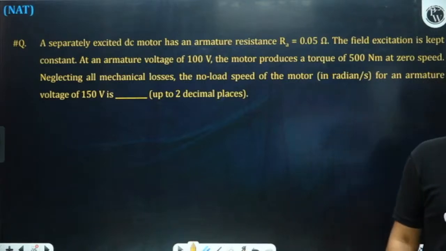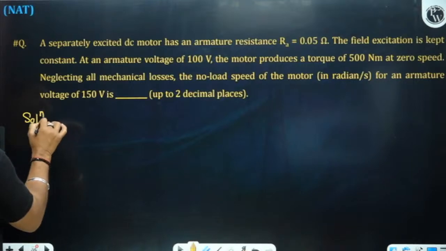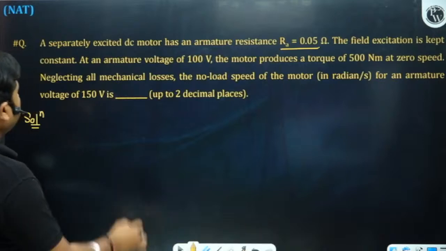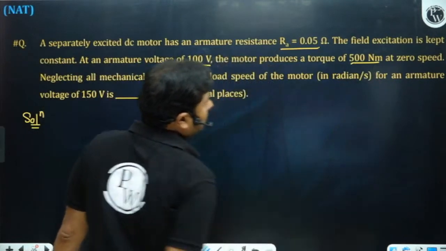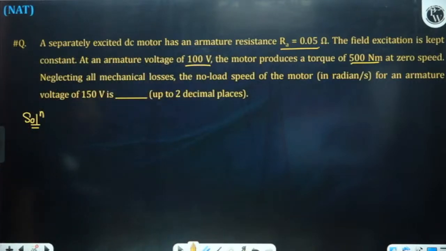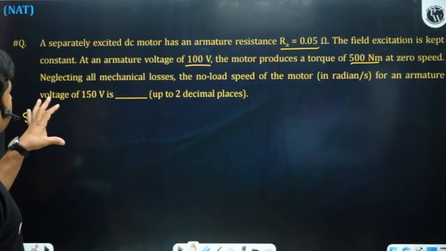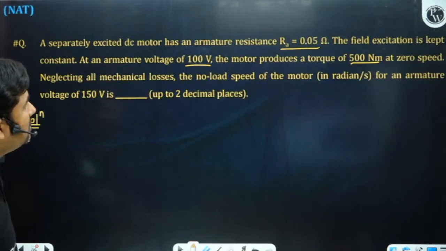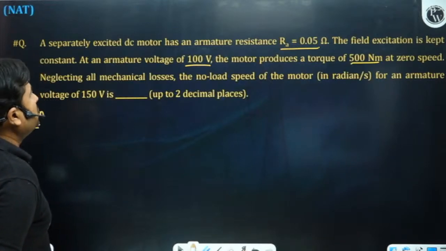Yes, GATE favorite topic. See, a separately excited motor has an armature resistance of 0.05. Field excitation is constant. Armature voltage is 100 volt. The motor produces a torque of 500 Newton meter at zero speed.